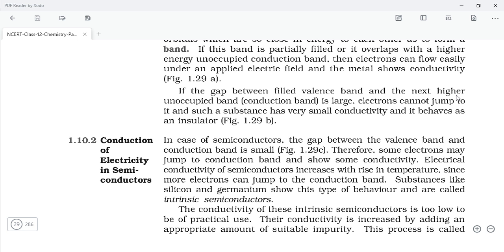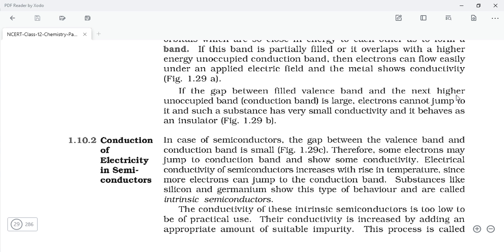Current is not equal to electricity, but that's how you find out there is conduction or there is a supply of charge. There is charge moving from one point to another. Then the compound that we use is a conductor, and electrons are conducting, or the compound is conducting electricity.